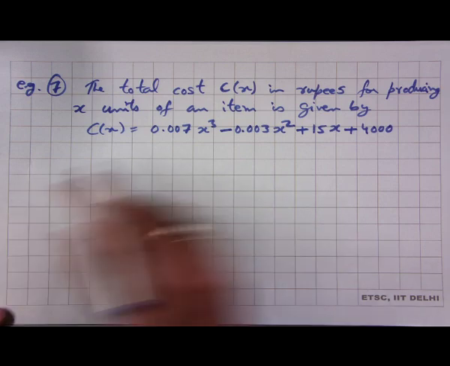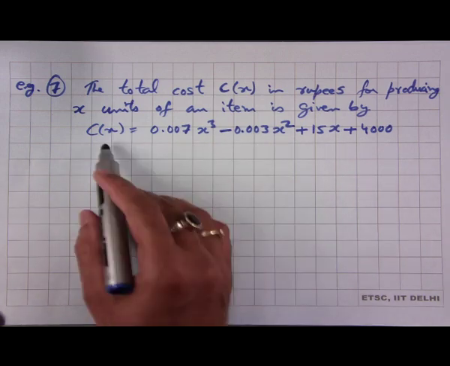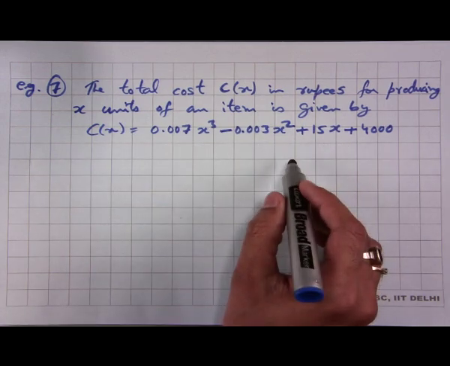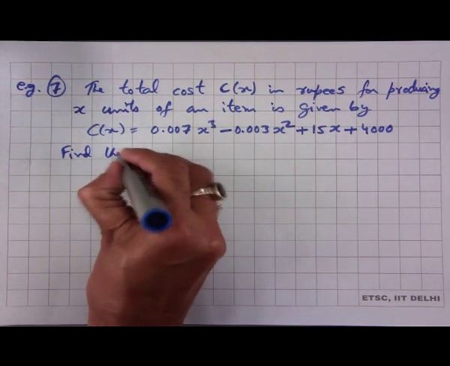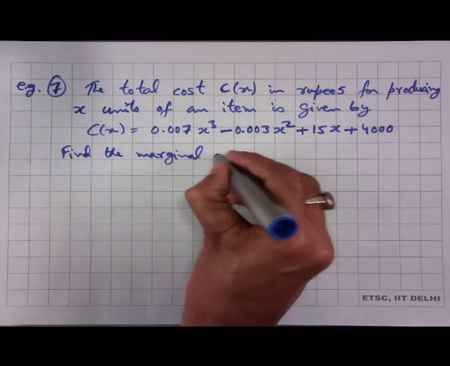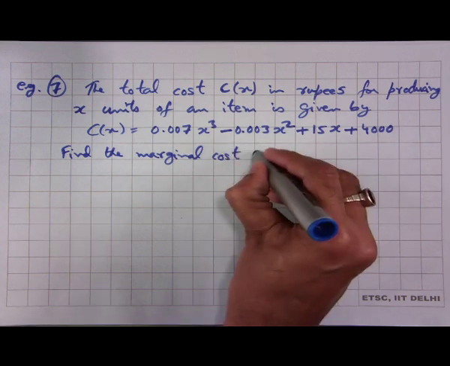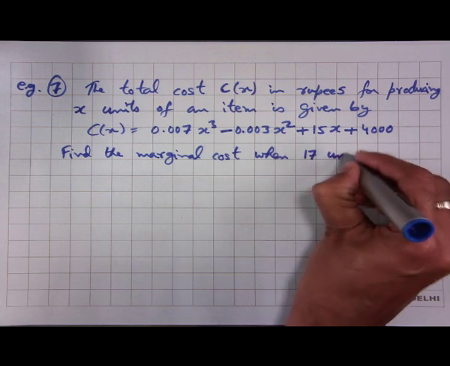So, this formula is given that the cost incurred for producing x units. Now, what we have to do is find the marginal cost when 17 units are produced.